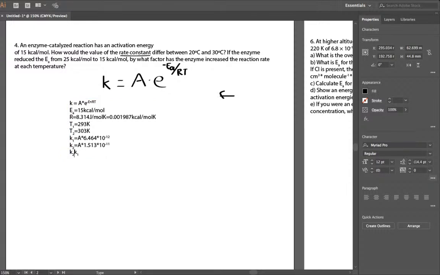This would be a normal negative sign. There we go. This would equal, so this guy here, K2 minus e to the power of negative 15 divided by 0.001987, multiply that by 293.